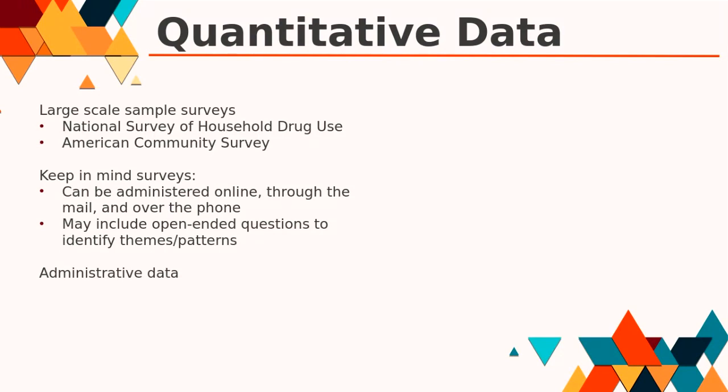And then other forms of quantitative data include your administrative data that could be collected from organizations that have been also addressing this social problem, or potentially if the program is already in existence, you could obtain data from the already existing program.